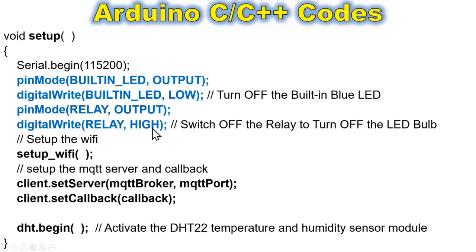Next, I set up the Wi-Fi and MQTT server and then call them up with the following commands. These are the commands from the built-in library PubSubClient. And then finally, I activated the DHT22 temperature and humidity sensor module using the command dht.begin.